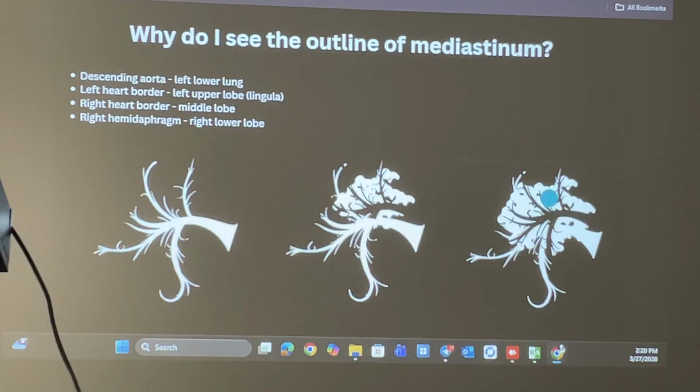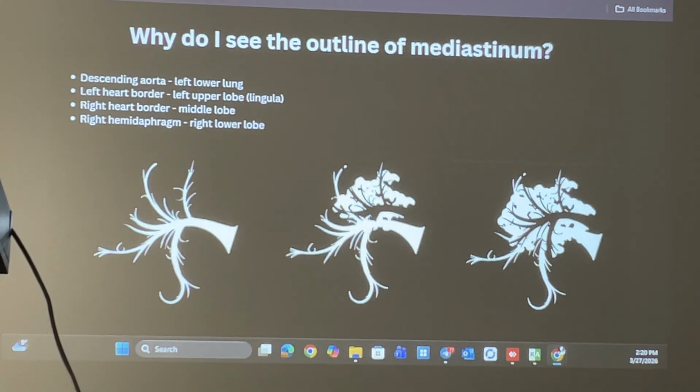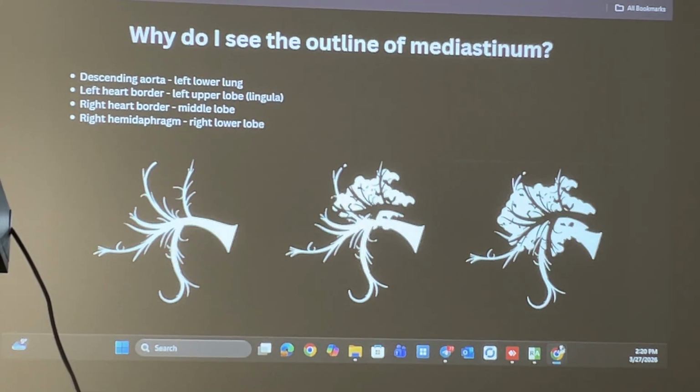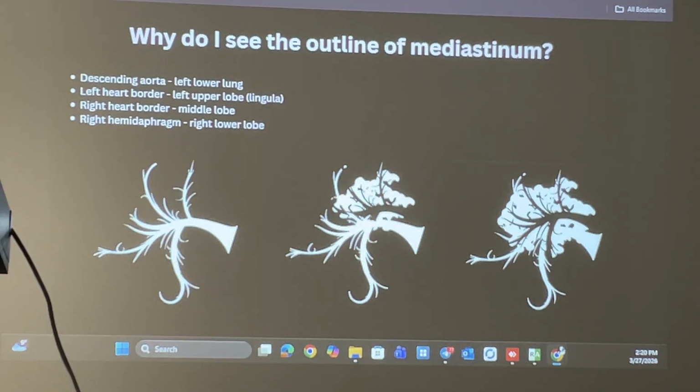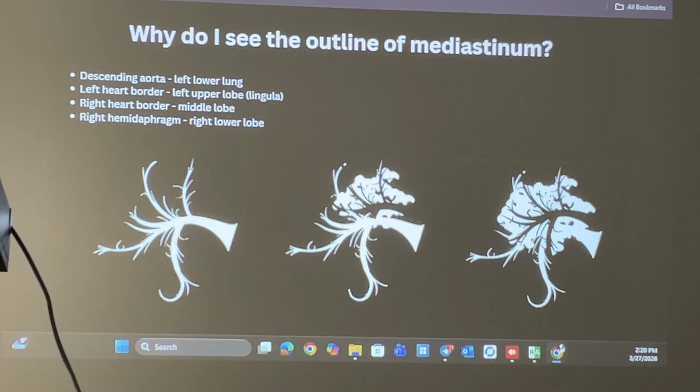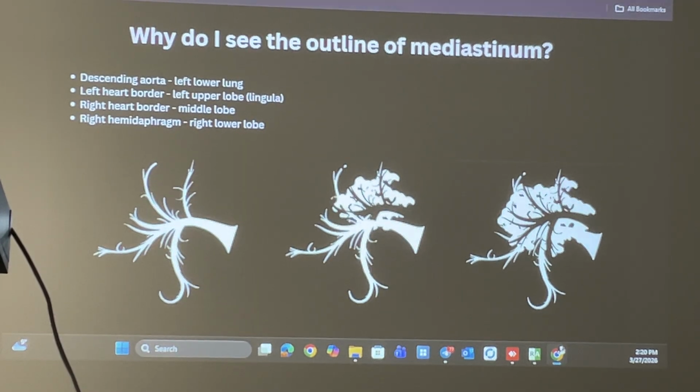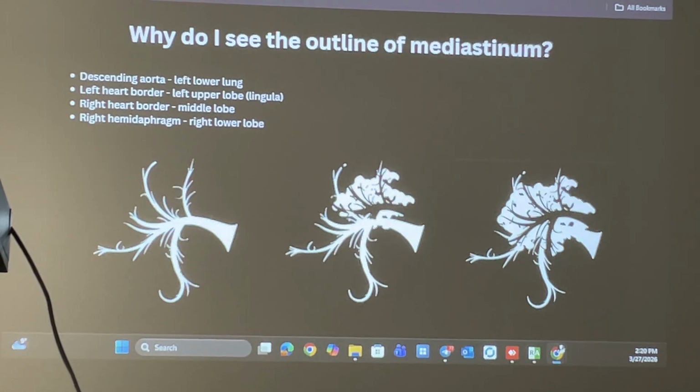When you see the bronchus due to surrounding consolidation. You do know that on normal chest X-rays, you do not see the bronchus itself. Air bronchogram.